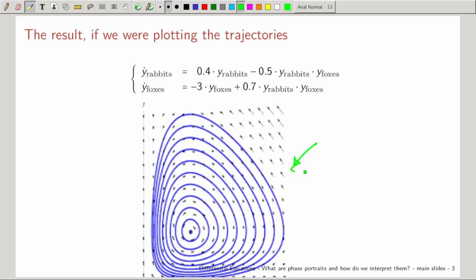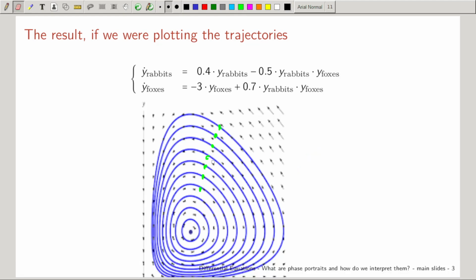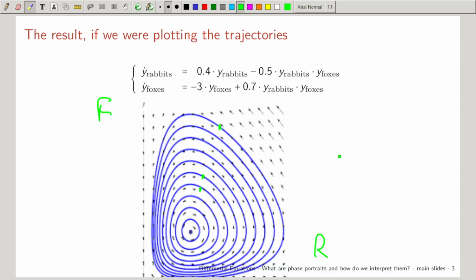This is basically the visualization of the trajectories of a system starting from different initial points, different initial conditions, okay? And we will see them not in time, we see them in space. So this is a bad kind of drawing, but this is rabbits and this is foxes, okay?